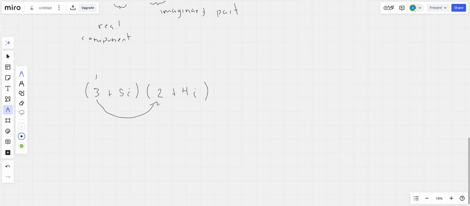You can begin by multiplying this number with this one and this one with this one.